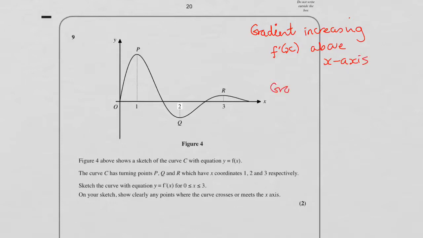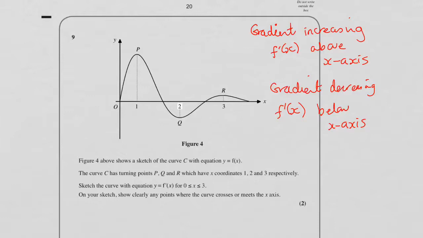If your gradient is decreasing, wow, apologies for that, so here your gradient's going downhill, then that means that is going to be below the axis because it would be negative, okay?